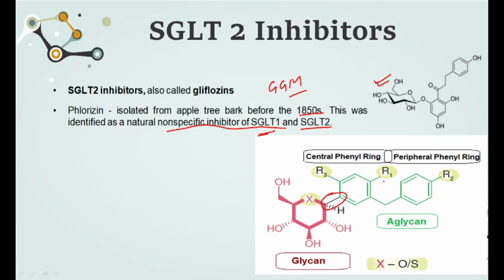Now if we are talking about R1, we can say that R1 substitution causes alteration in potency and selectivity.